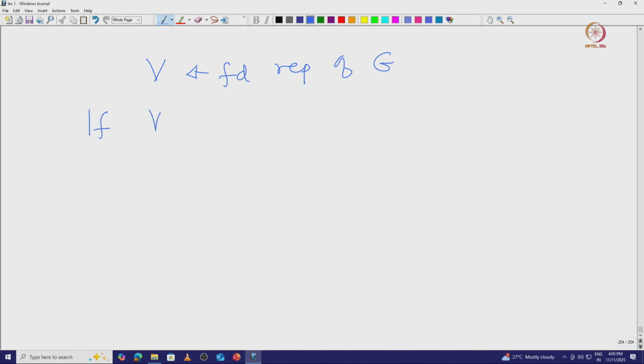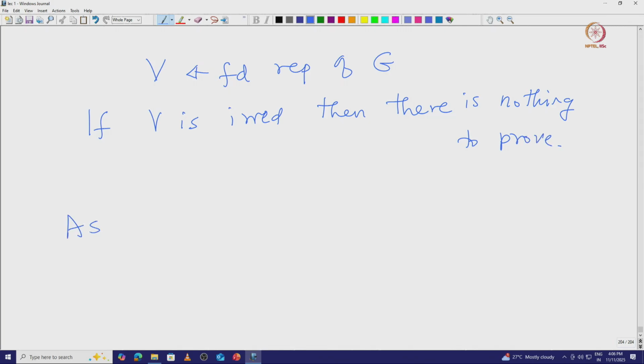If V is irreducible, then there is nothing to prove. So, assume that V is not irreducible.